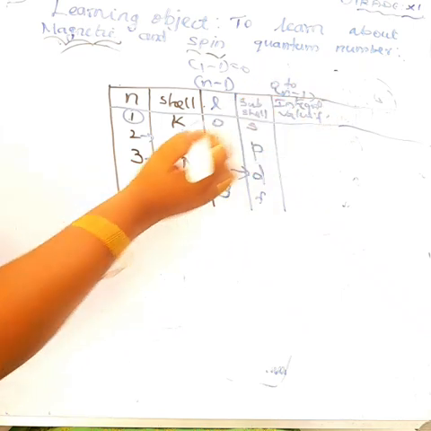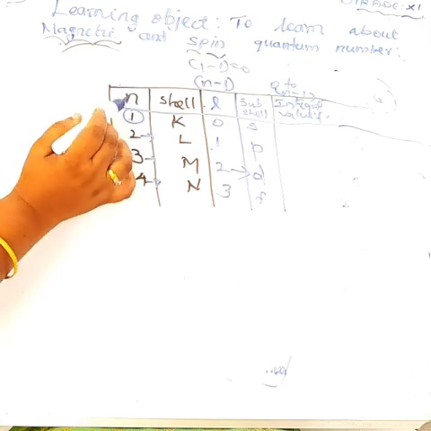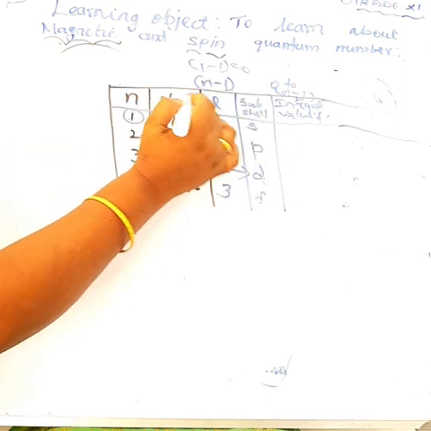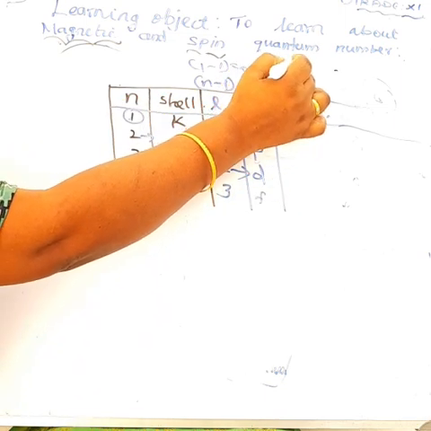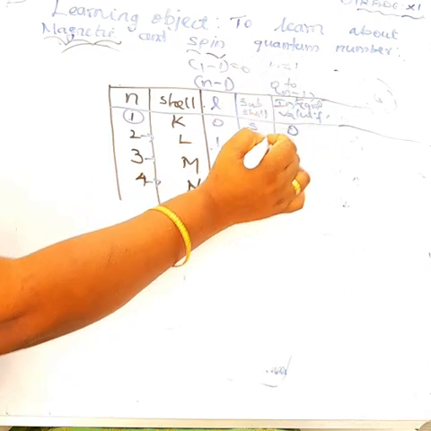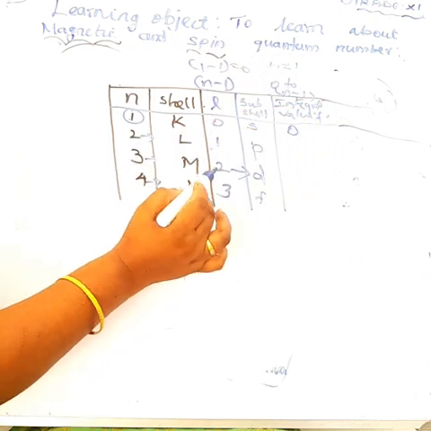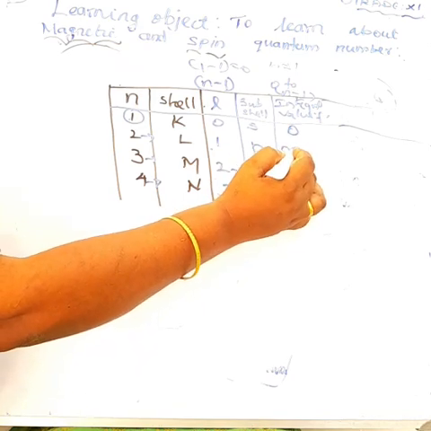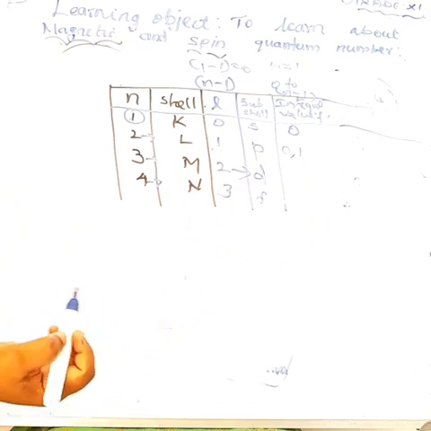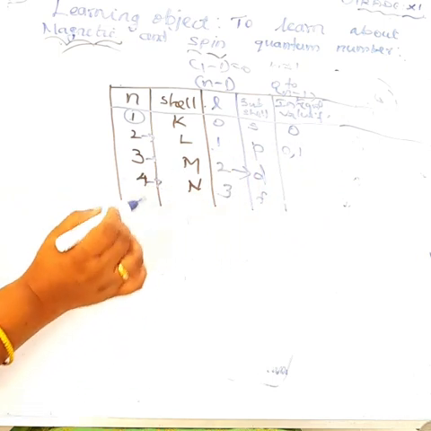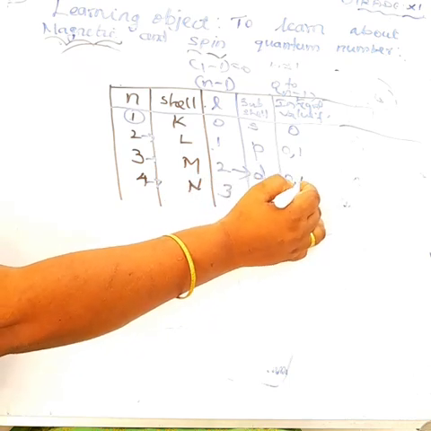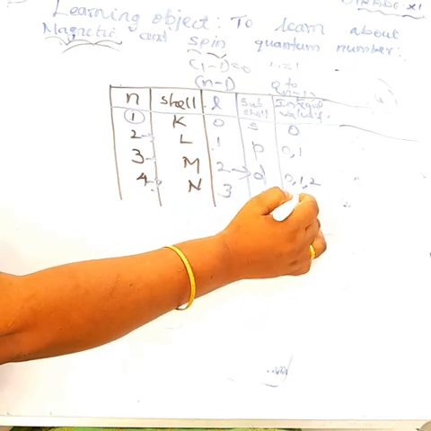When n is equal to 1, it is 0 only. When n is equal to 2, 0 to n minus 1, that is 2 minus 1 equal to 1, so it ranges from 0 to 1. When n is equal to 3, it is 0, 1, 2. And when n is equal to 4, it is 0, 1, 2 and 3.